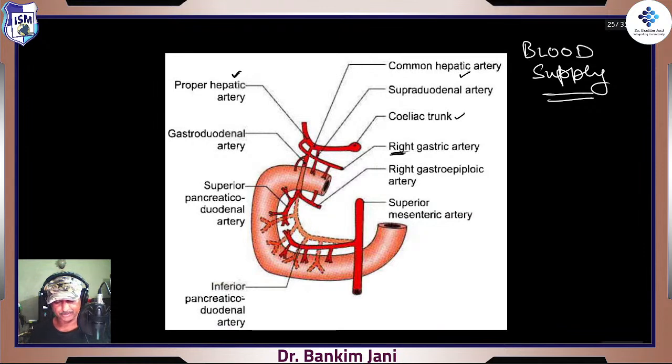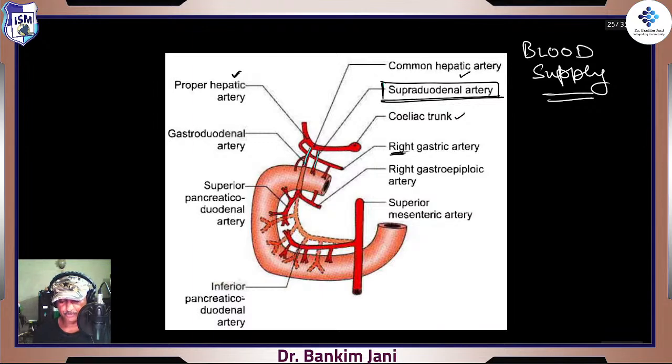So that part is done. Extra one goes here and another one goes here. This is a newcomer, that is supraduodenal artery. We haven't talked about this supraduodenal till this point of time, so that's the artery to know about.